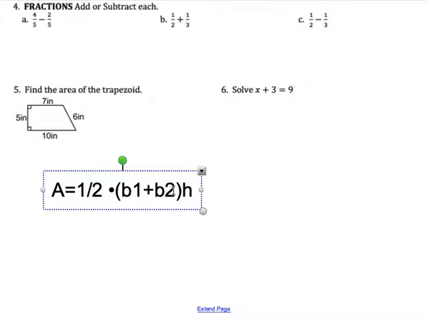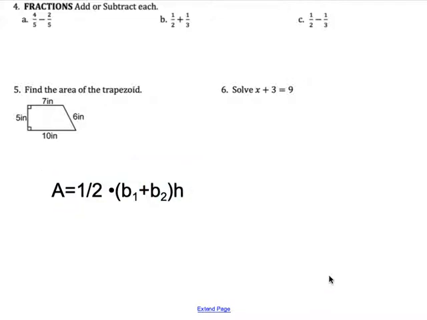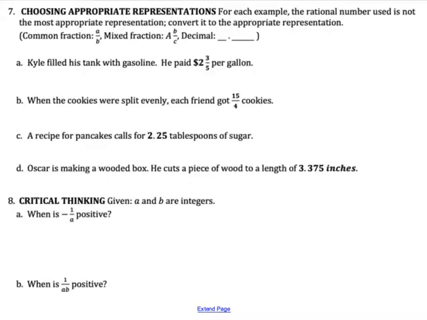So 1/2 of the bases added together times the height is the formula for a trapezoid. So half of bases added together times the height. Example 6, you're going to solve x plus 3 equals 9. That's a 6th grade solving equation. We're going to get into that in Unit 2 for 7th grade solving in not too many weeks.